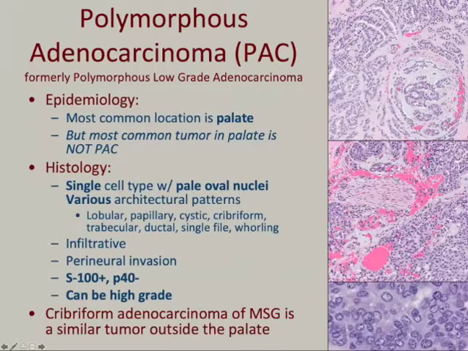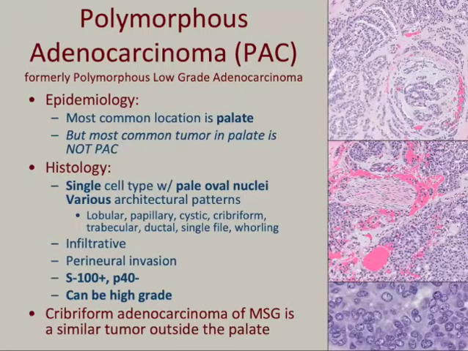Polymorphous should be differentiated from adenoid cystic based on the absence of 2 cell types. So polymorphous, adenoid cystic, and sometimes a very cellular pleomorphic adenoma are on your differential. Polymorphous is the most commonly located in the palate, but is not the most common tumor in the palate, right? So if you're in the palate, don't think automatically it's a polymorphous.